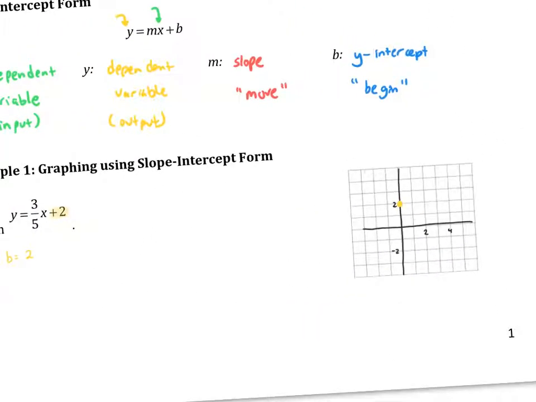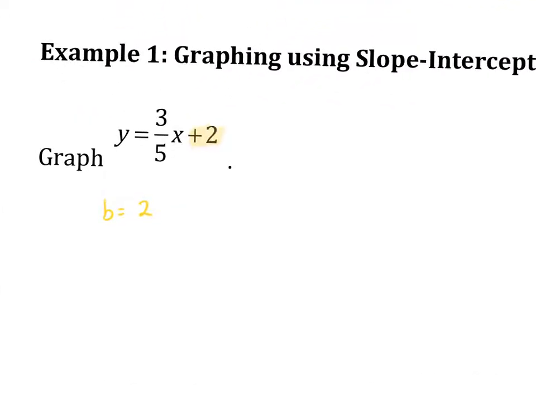Next up, how do I move? What is my m? Well, remember, that's what this is right here. And that can be interpreted in 2 ways, and both of these are equally valid. My m is 3/5, which means rise over run.